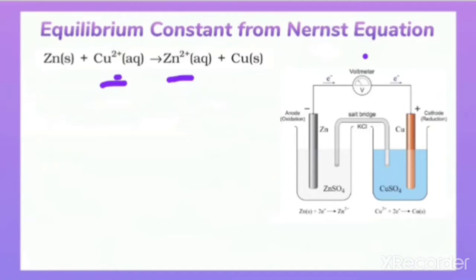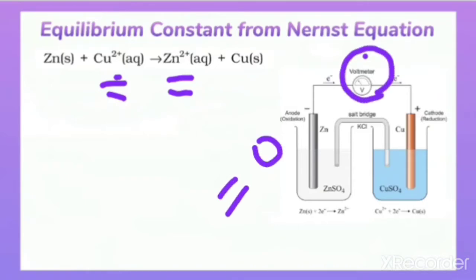After some time, we shall note that there is no change in the concentration of copper ion and no change in the concentration of zinc ion. At the same temperature, the voltmeter reading shows 0. This indicates that the equilibrium has been attained.